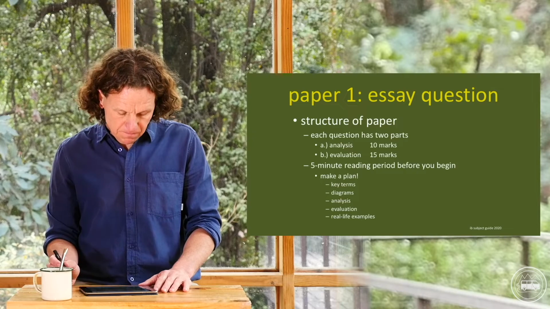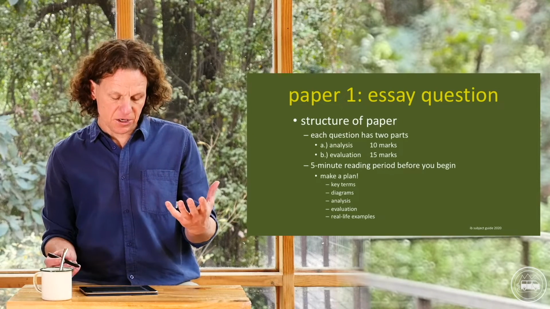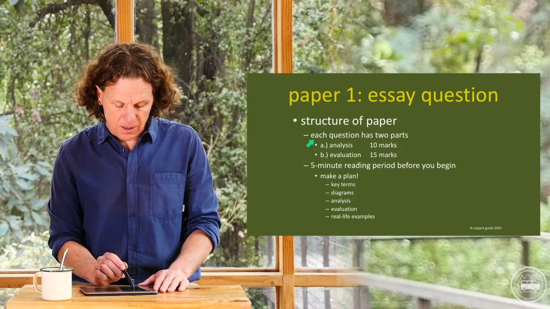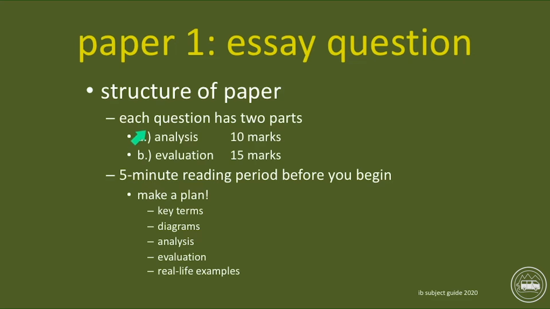Some more information on the structure of the paper. Each of the 3 questions is going to have 2 parts. Part A, which is an analysis question worth 10 marks, and Part B, which is an evaluation question worth 15 marks.